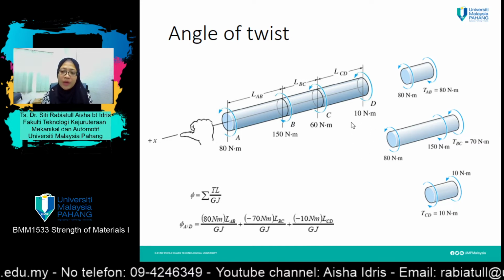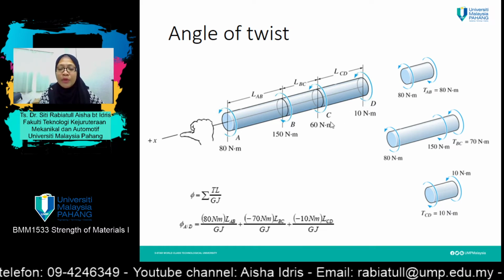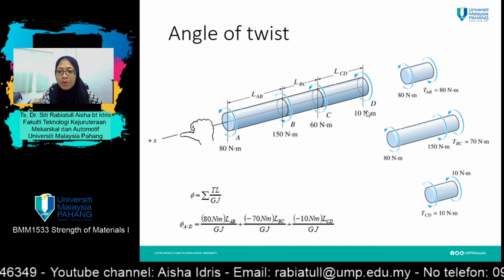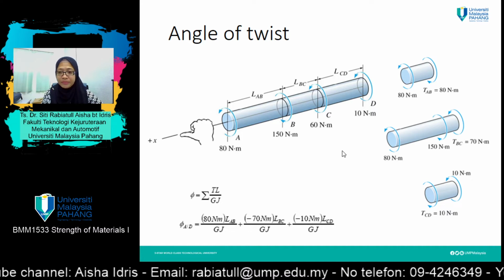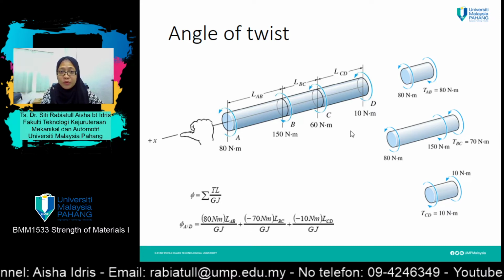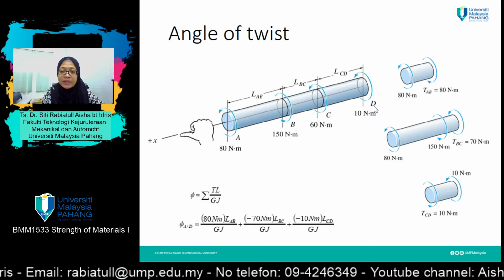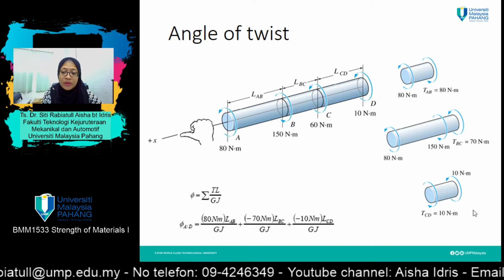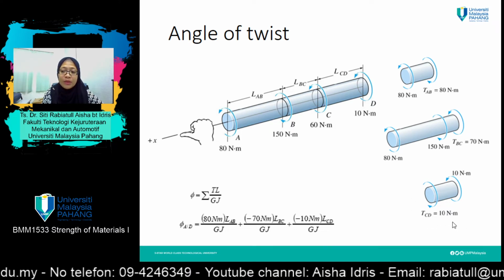After that, we need to find the torque acting on section CD. You can either cut from A until before point D, or cut from point D until just before point C. To make our life easier, we cut from D until just before point C, and you get the torque acting on CD equals negative 10 Newton meter.